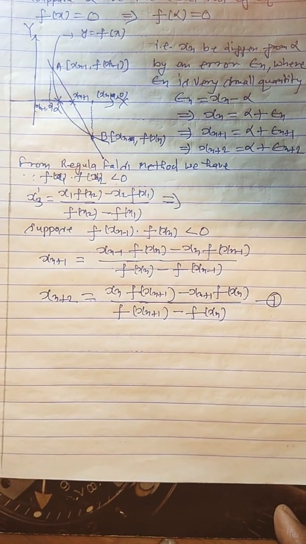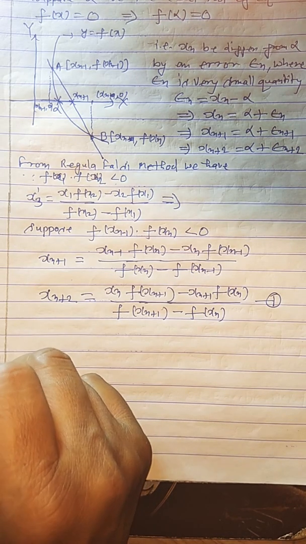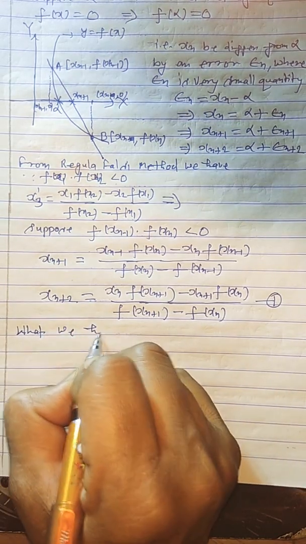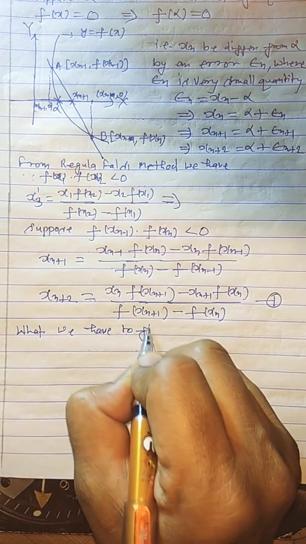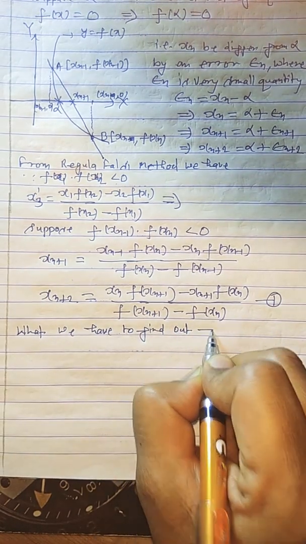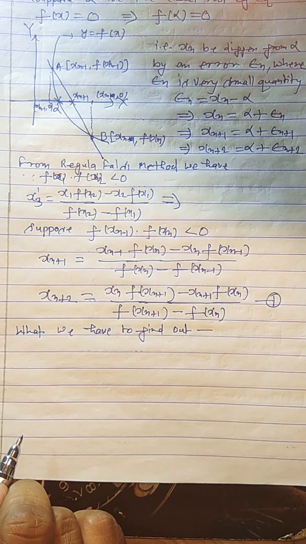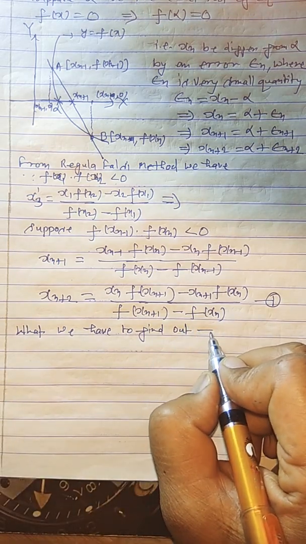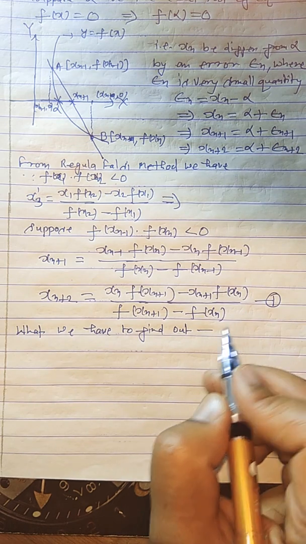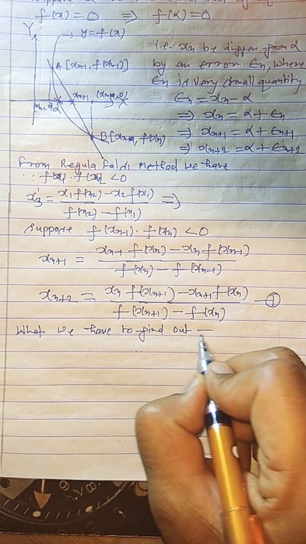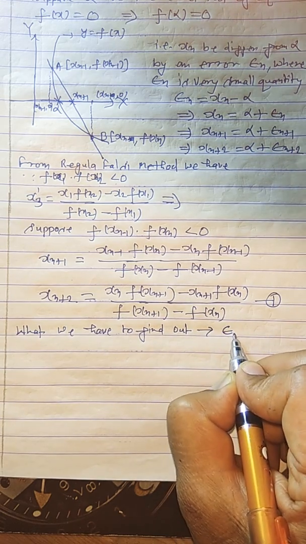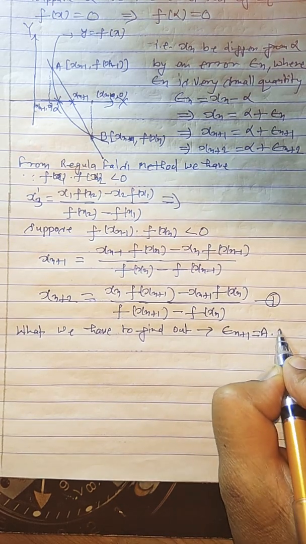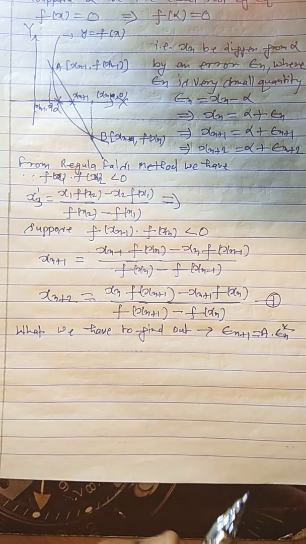Now first we have to understand what we have to find out. Here we have to convert equation 1 into the form epsilon(n+1) = A into epsilon n to the power k.